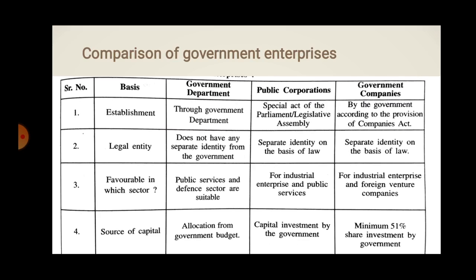And a public corporation is useful for industrial enterprises and public services. Government companies are useful for industrial enterprises and foreign venture companies because they rely more on government companies rather than private companies to do investment.